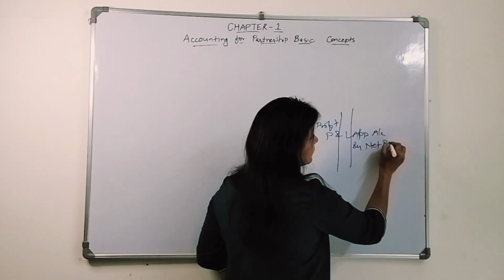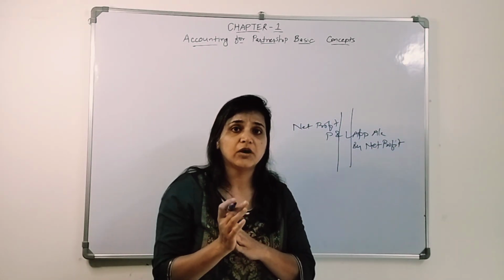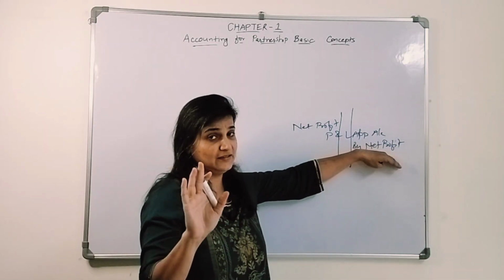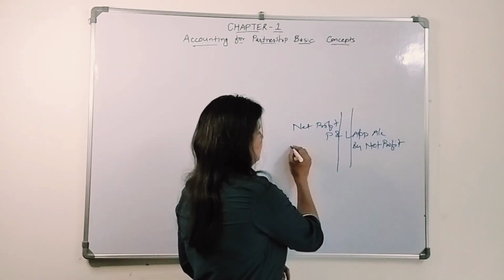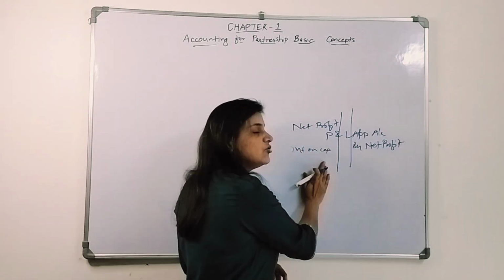Now this profit and loss appropriation account will show what? From this net profit, if it is mentioned in the partnership deed, then we have to give interest on capital to the partners. How much interest we are giving?